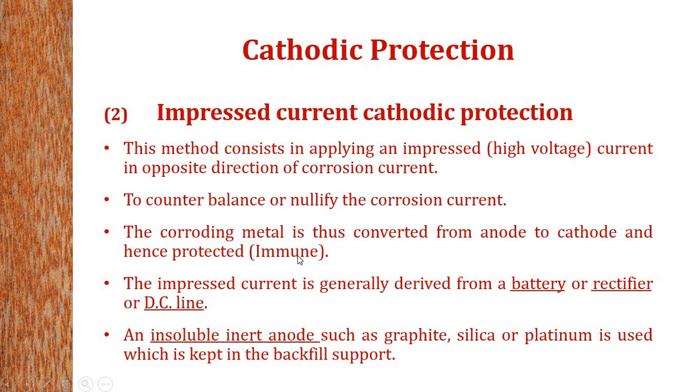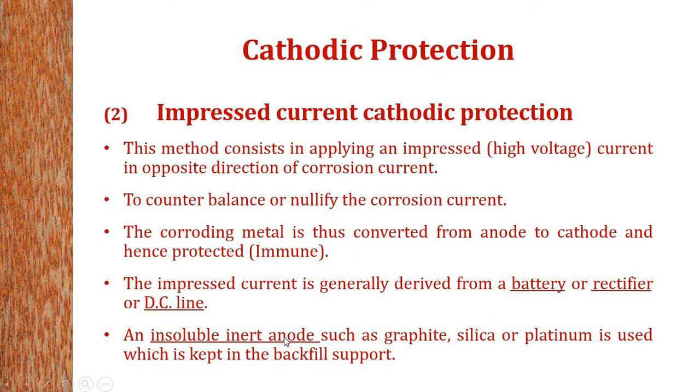It is protected. The current, high voltage current, is generally obtained from a battery or a rectifier or a DC line. And in this method, insoluble inert anode is used. In the earlier sacrificial method, we used such type of anode which underwent corrosion, which underwent dissolution, whereas here in impressed current protection we are using insoluble inert anode.